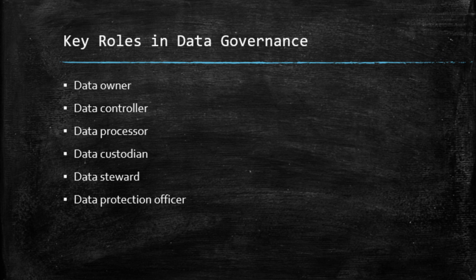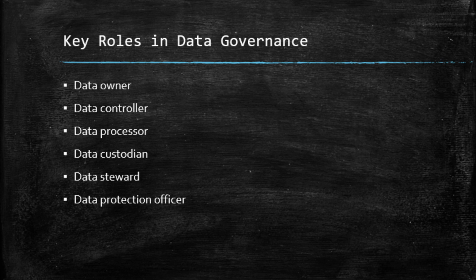This individual determines the purpose for which and the way in which personal data is processed. Data processor, this role is a person or organization that processes personal data on behalf of the data controller.